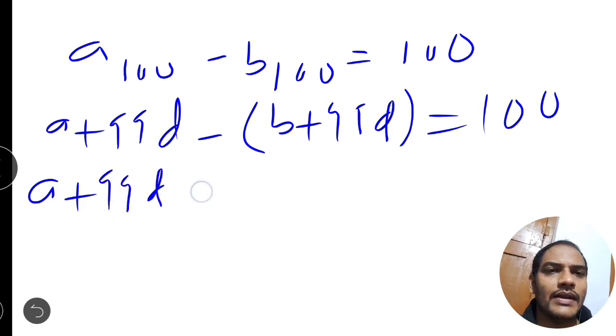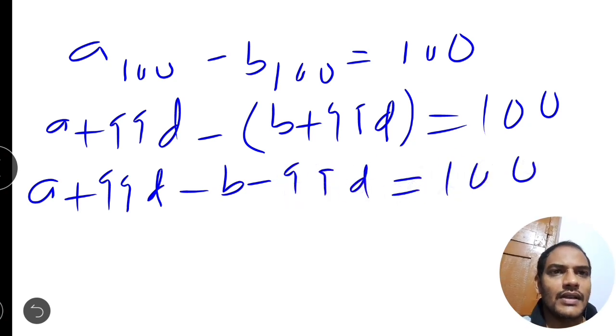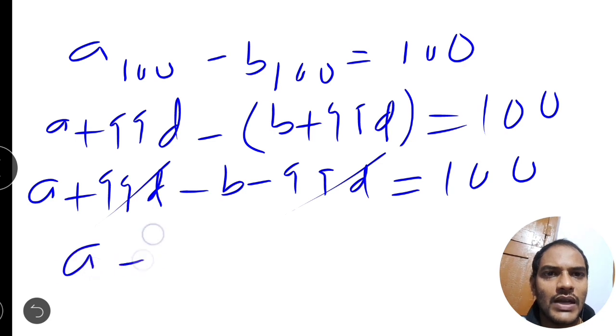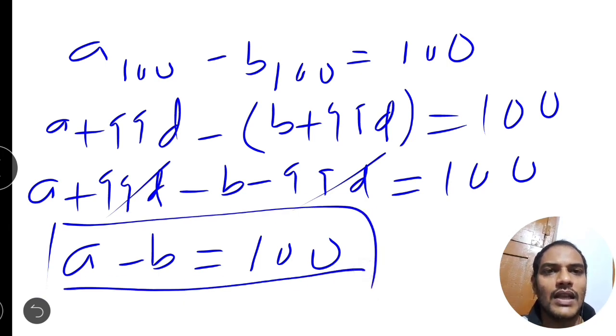Now remove the bracket: A plus 99D minus B minus 99D equals 100. Is there any cancellation? Yes, plus 99D and minus 99D cancel. Then A minus B equals 100. Finally we got one value: A minus B equals 100.